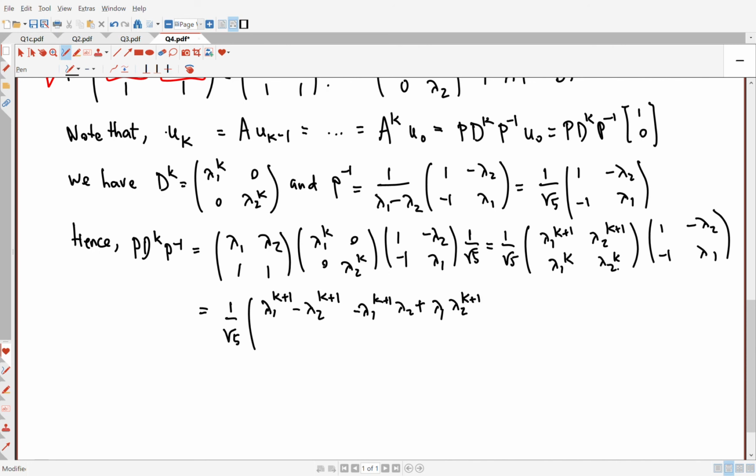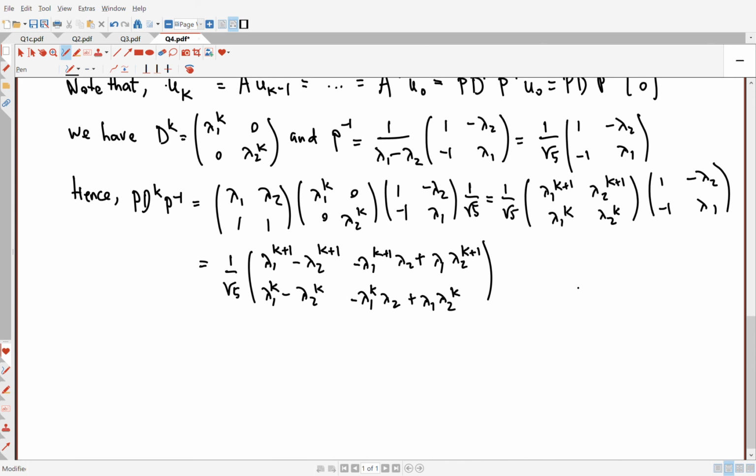Okay, for this I will have lambda 1 to the power of k minus lambda 2 to the power of k, and this side I will have lambda 1 to the power of k times minus lambda 2, plus lambda 1 times lambda 2 to the power of k. Okay, it is very long, but we should be fine.